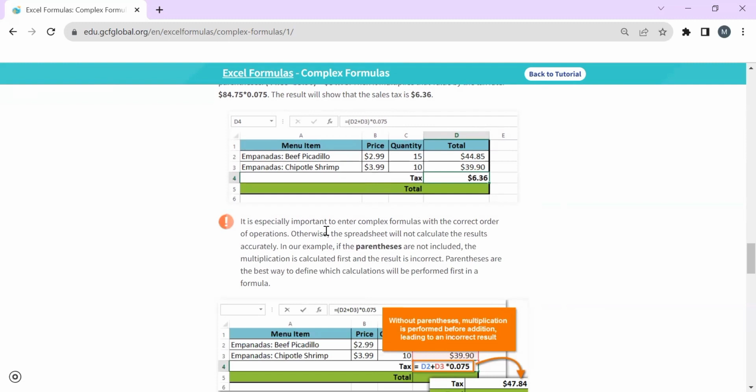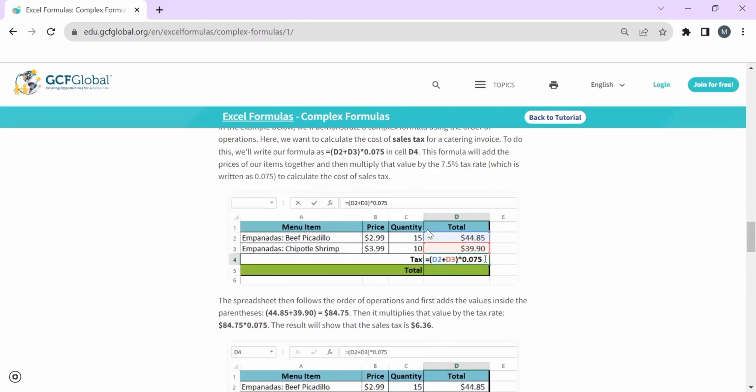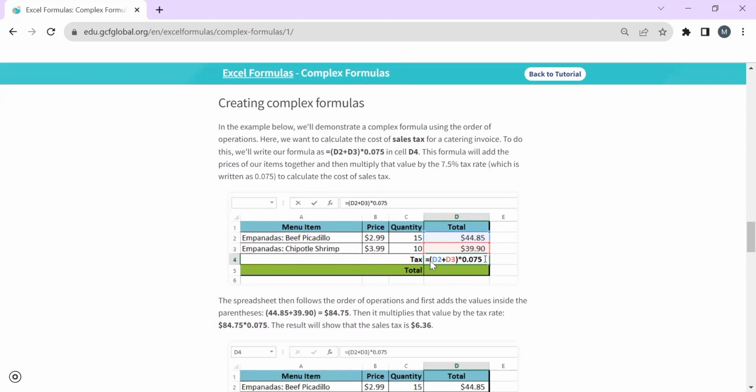It is especially important to enter complex formula with correct order of operation, otherwise the spreadsheet will not calculate the result accurately. So, dito sa example natin, for example, tinanggal yung parenthesis na yon. So, magiging written siya as D2 plus D3 multiplied by 0.075.